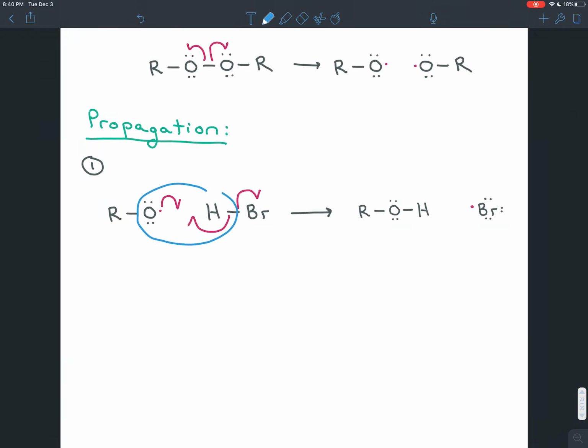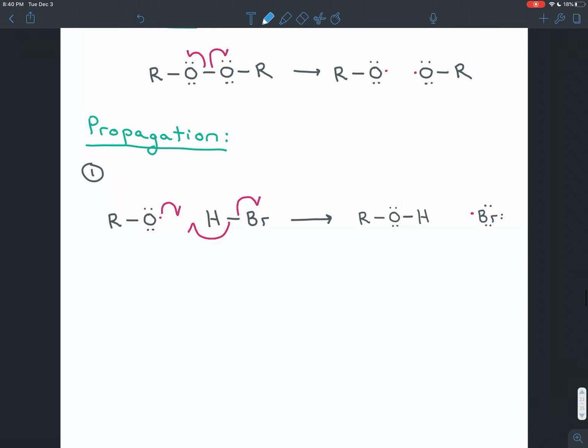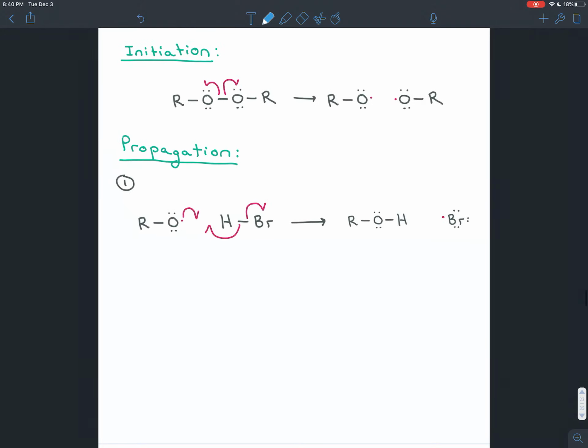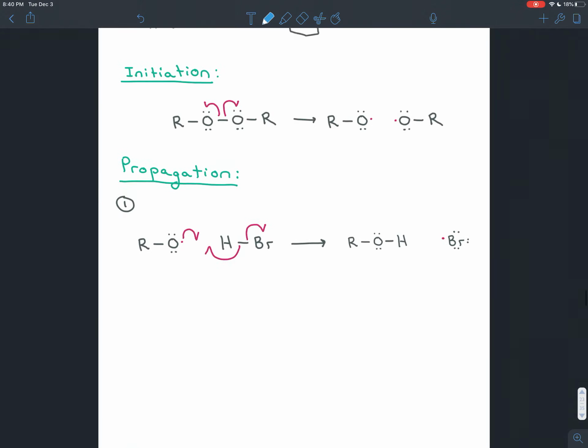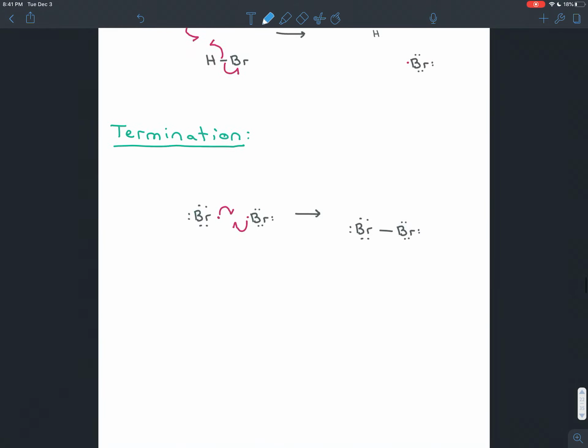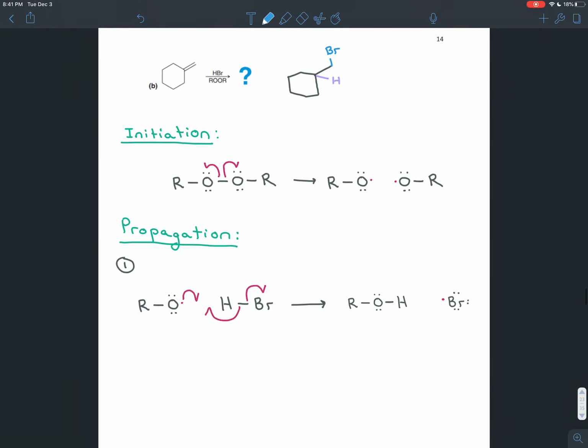So the oxygen radical steals a hydrogen and an electron. That gives you this new bond here between the oxygen and the hydrogen. The other electron in the bond between the HBr becomes a lone radical on the bromine. Okay, so that always happens in these radical reactions. You'll notice the carbon chain has not made an appearance yet.